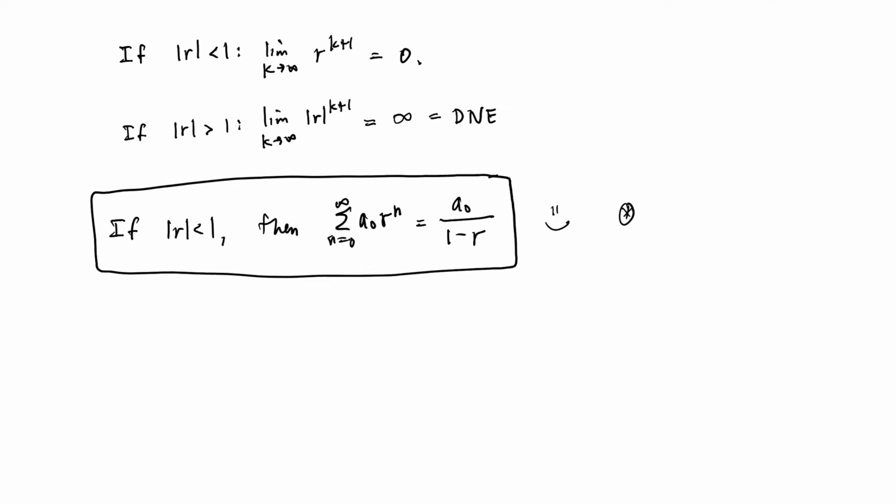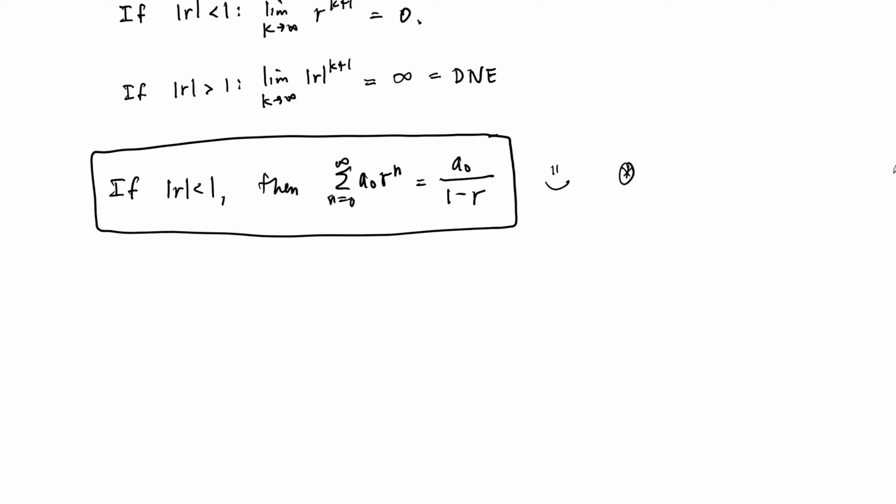The only remaining question is what if r is equal to -1? This is the only outlying question now. Then we just go back to our series itself. So forget about the whole argument we had with the partial sum. The sum then looks like a sub 0 times -1 to the n.